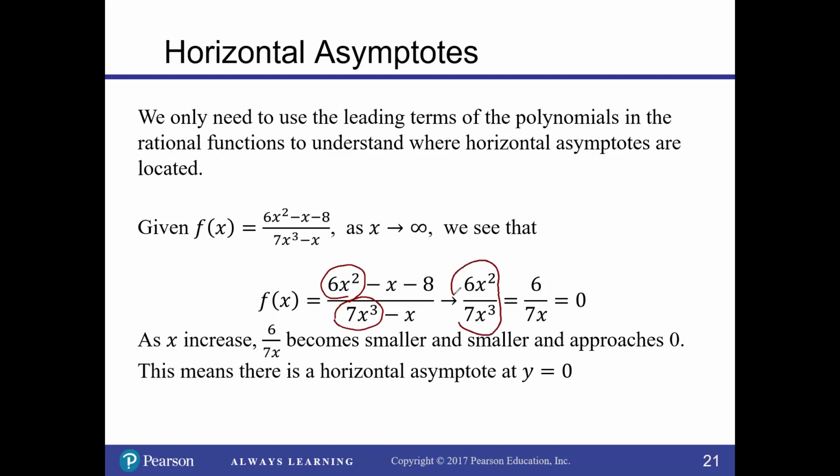So overall, we have a quotient of these two. If we simplify this, getting rid of some of my x's, I'm just left with 6 on top and 7x on the bottom.